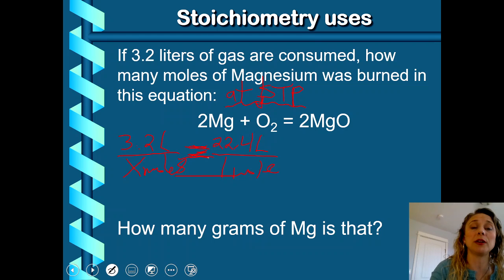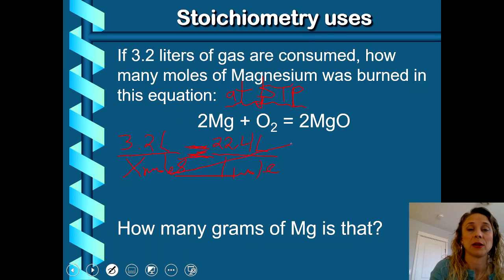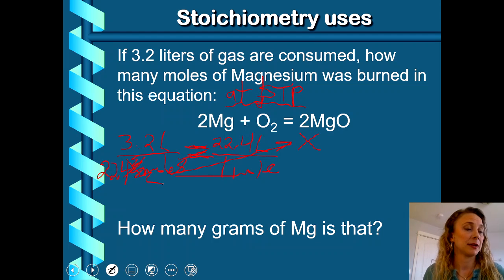You can also do unit analysis, like we did before, where you just cancel out the units. That's fine. Cross multiply, and you put the 22.4 here, or you're multiplying by the reciprocal, and everything cancels out. So we do 3.2 divided by 22.4, and that's 0.14 moles.